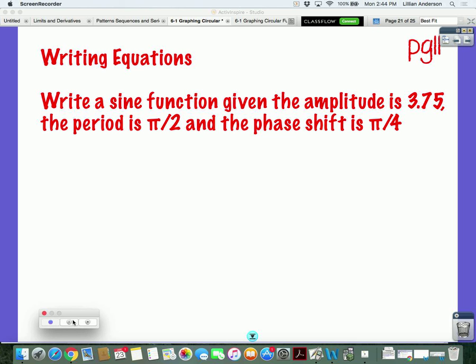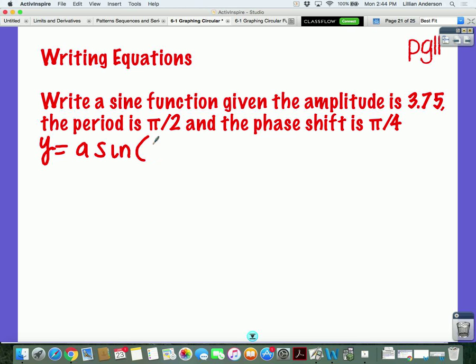Now, to write an equation, of course you need to know the general form of an equation for a sine function. We know that it's y equals a sine(bx plus c) plus d. Okay, that's basically what we've been given. That's what we've been using to pull out all our information and use to graph it.